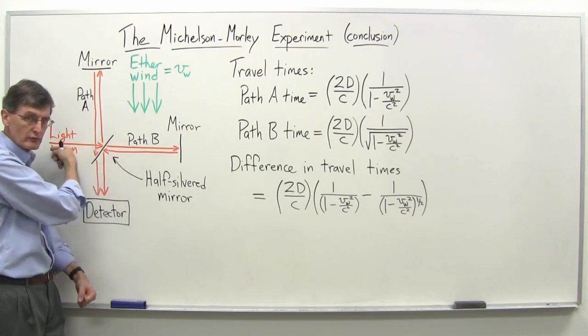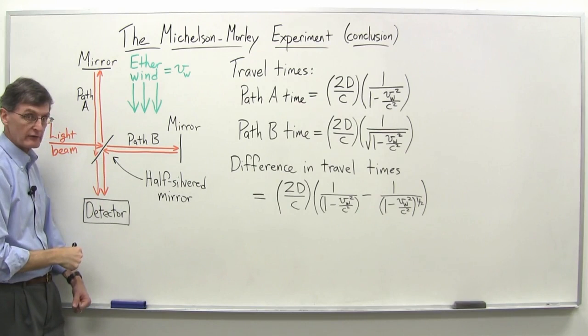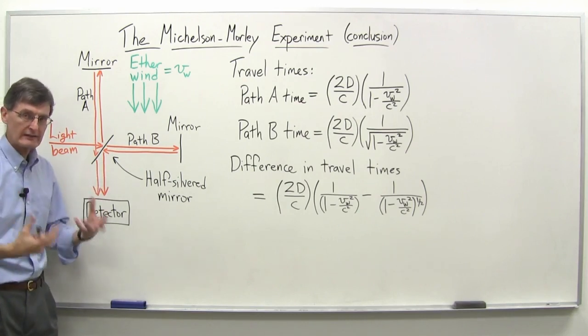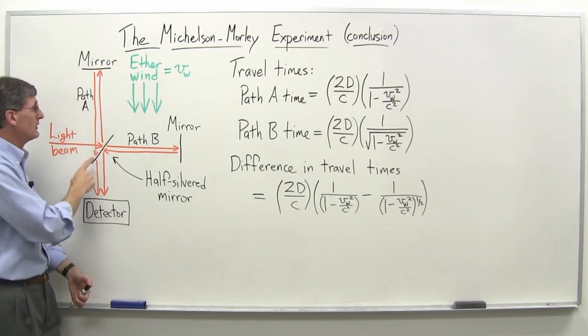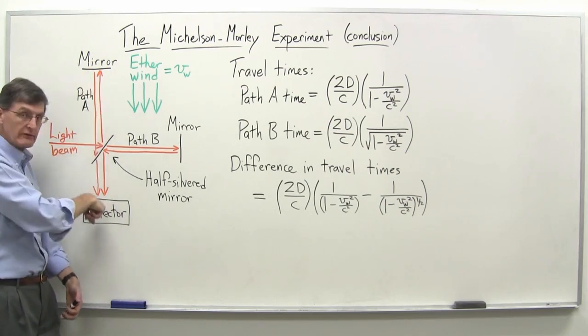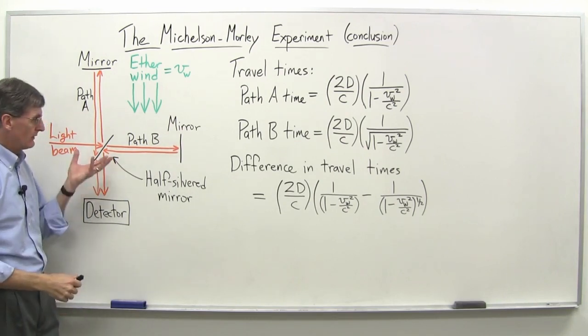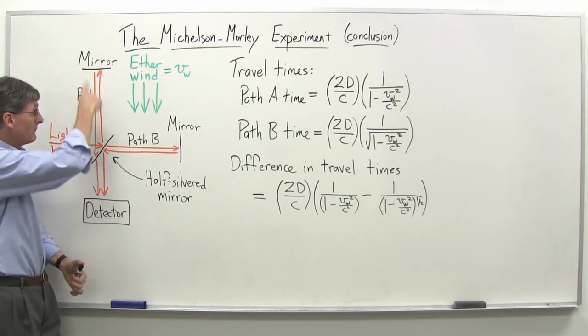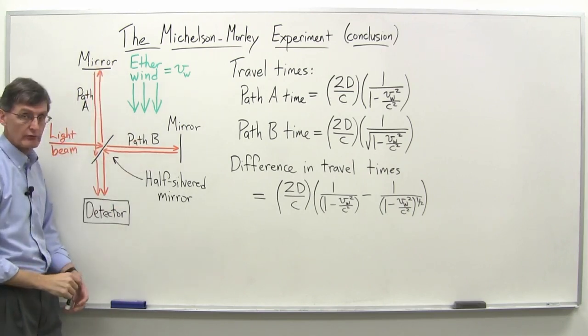Some of it goes straight through, but some of it will bounce off the half-silvered mirror and end up at the detector. So essentially we're taking a light beam and splitting it into two. One half of the beam takes path A and then back to the detector, and the other half takes path B to the detector. In this orientation, path A has the headwind and then tailwind, and path B has the crosswind.